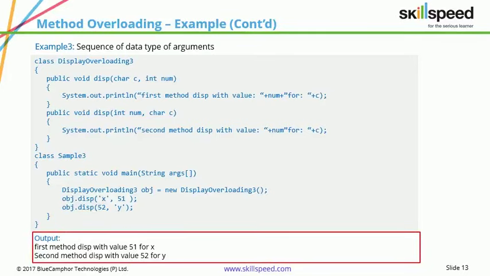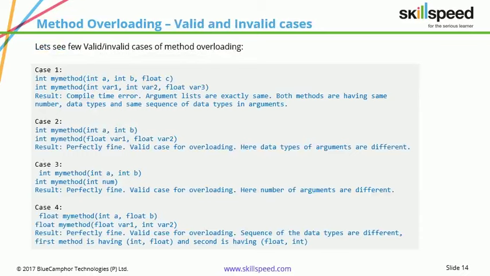When I execute the program, I get the output: first method display with values 51 for x, and second method display with value 52 for y.